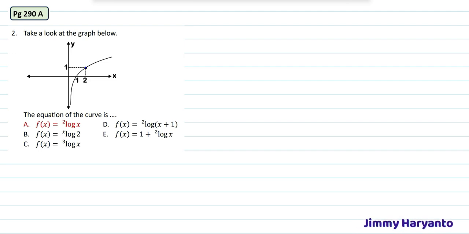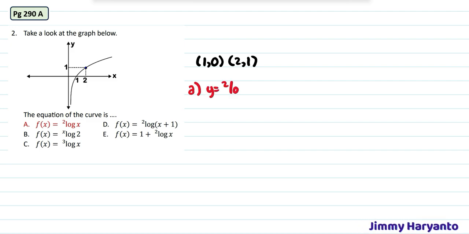Next is page 290A. The equation of the curve is, for this one, it's a logarithmic function. That means for this one, I think you have to guess and check, yeah. So let's check the points (1, 0) and also (2, 1) in the options. Option A, we have y equals 2 log x.